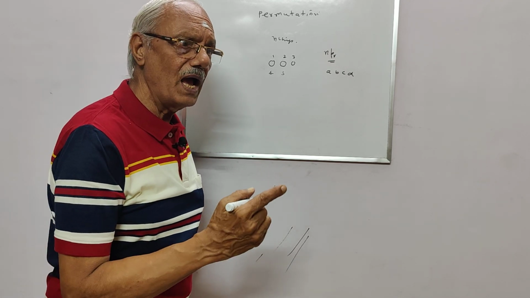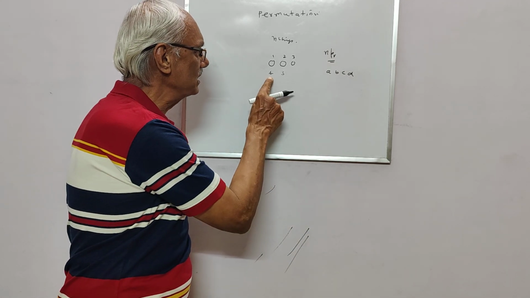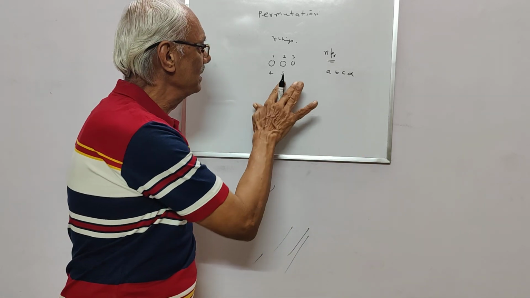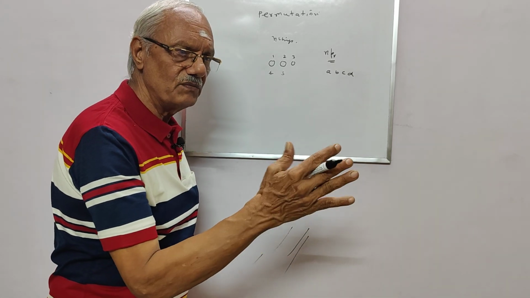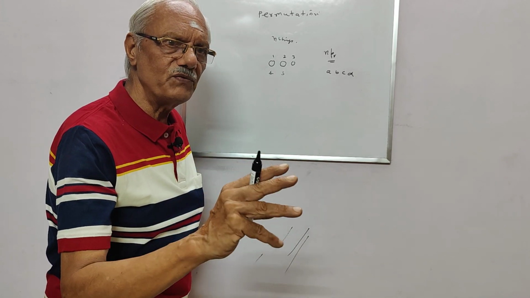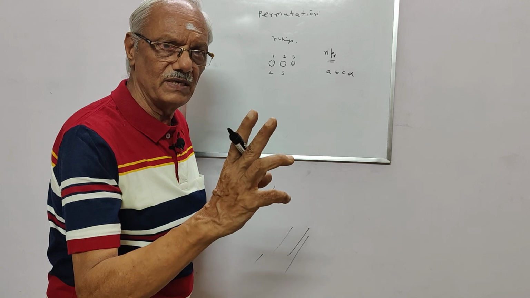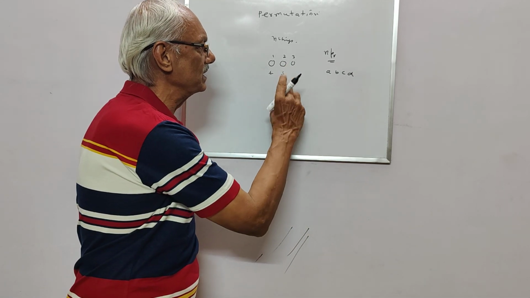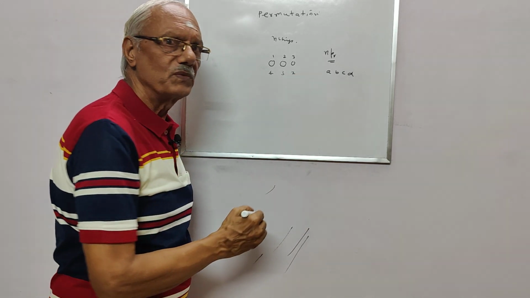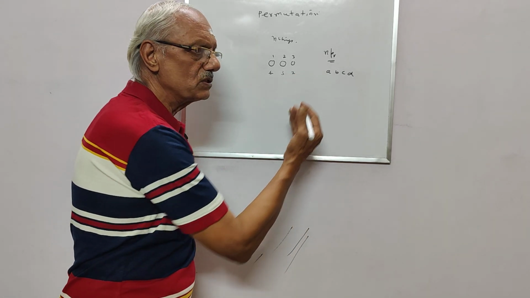Now having filled the second place, 1 place has been filled in 4 different ways, this place has been filled in 3 different ways. So 2 elements have been taken. Now you are left with any of the 2 other elements which can fill this 3rd place. So this can be done in 2 different ways.